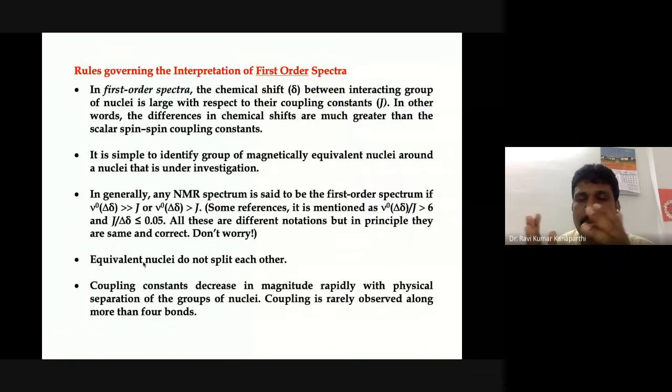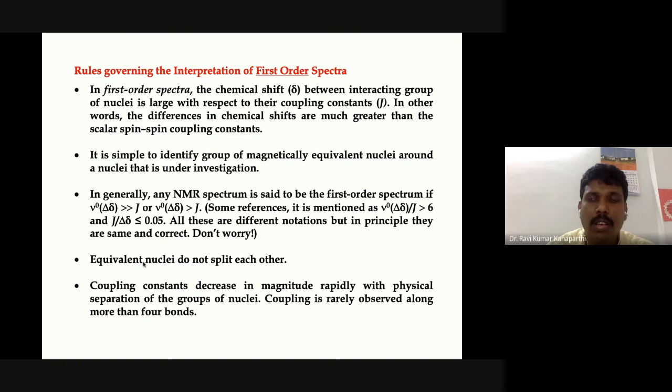Now, you just compare these numbers, and based on that you can say a particular spectrum belongs to a first order spectra or the second order spectra, just based on the chemical shift difference and the coupling constant. If the chemical shift difference between the two sets of protons is reasonably large as compared to the coupling constant, such a spectrum is a first order spectrum.